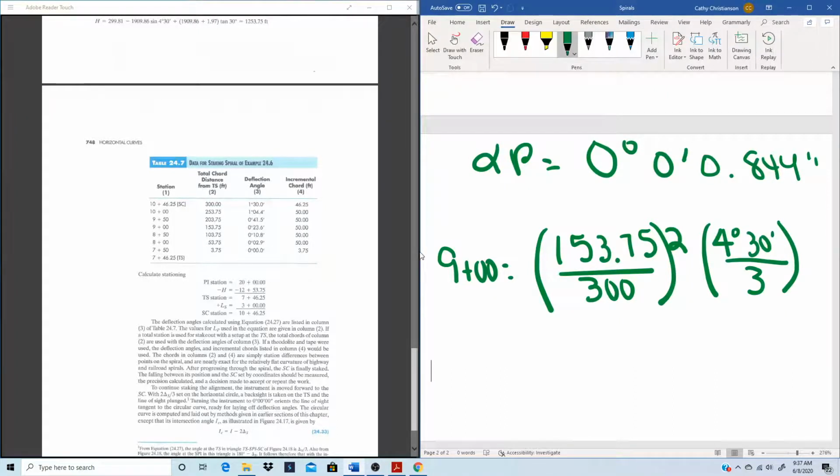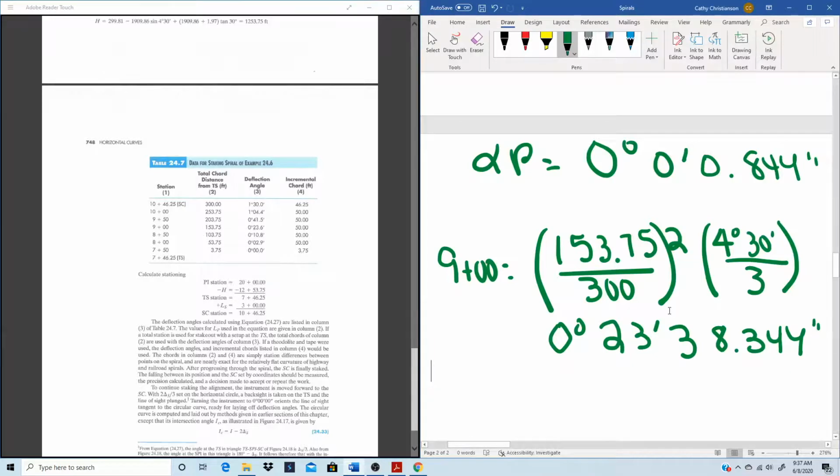When I solved for that, I got what they got. I got 0 degrees, 23 minutes, and they did decimals of a minute, and I got 38.344 seconds. So that's kind of what you would do, and that would give you each of these columns.